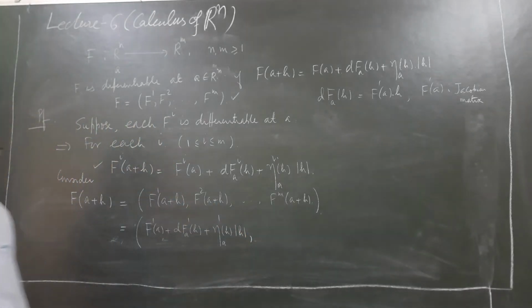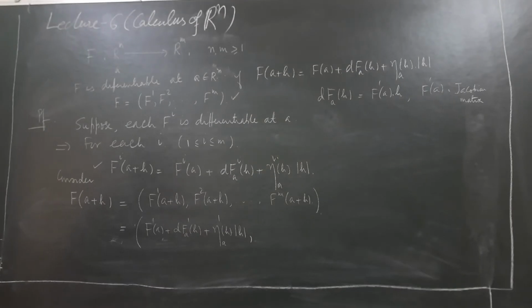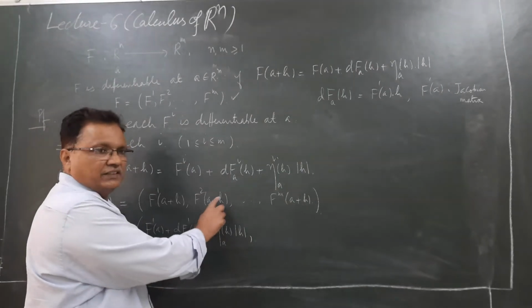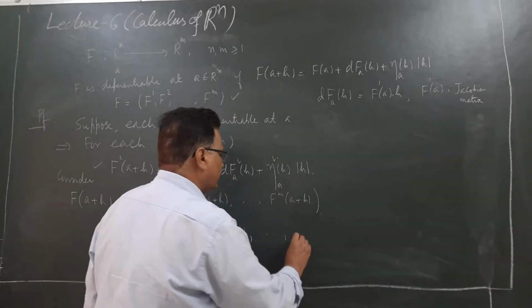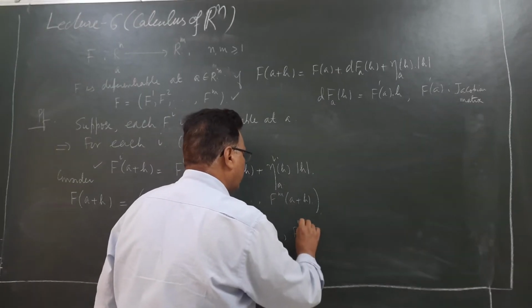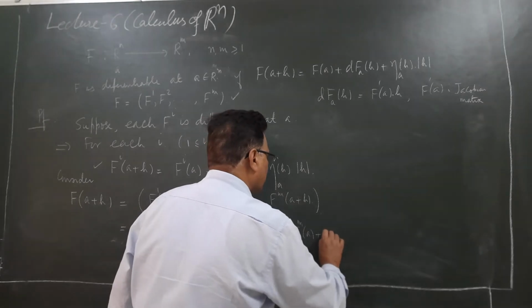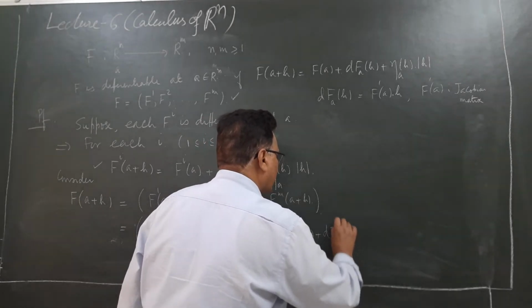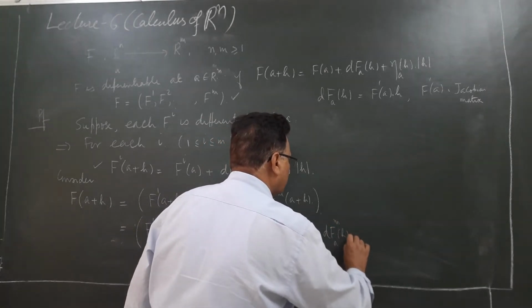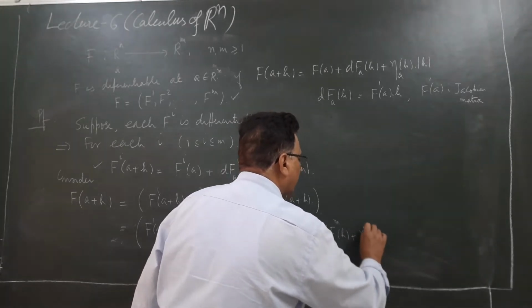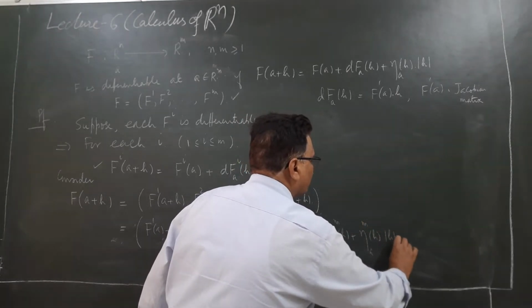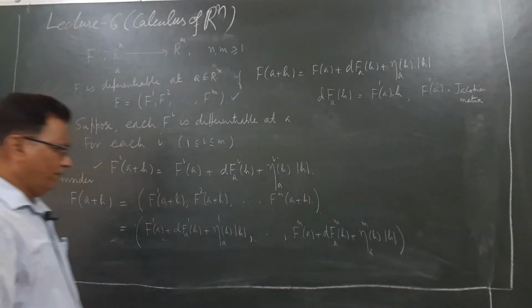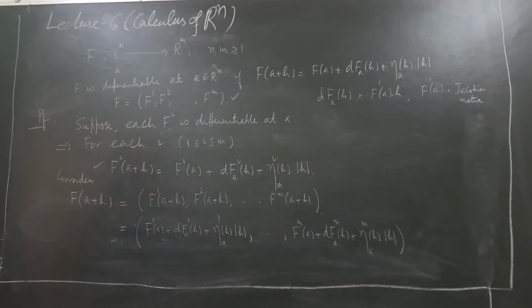That is the first component. Similarly for the second, the third, and the last one will be fm of a plus dfm at a of h plus eta m at a of h multiplied by modulus of h. All right. Now I will distribute it.